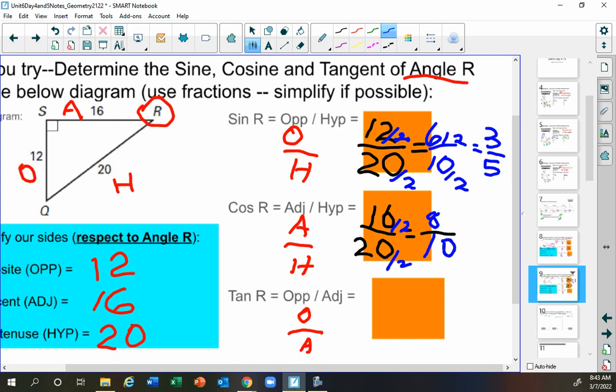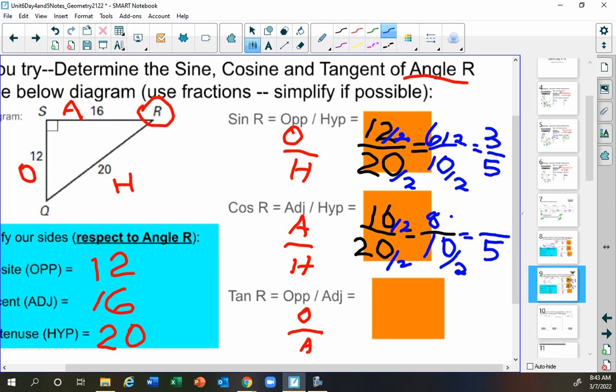Now, can we simplify 8 over 10 even further? Yeah. Well, obviously, 10 divided by what gives us 5? Just did it up here. 10 divided by 2.